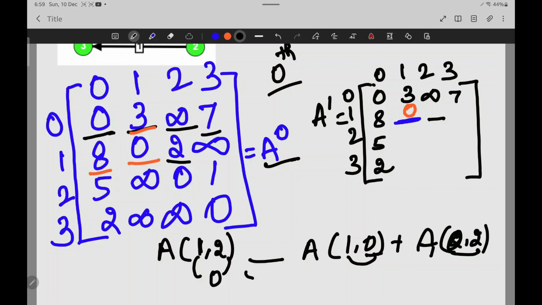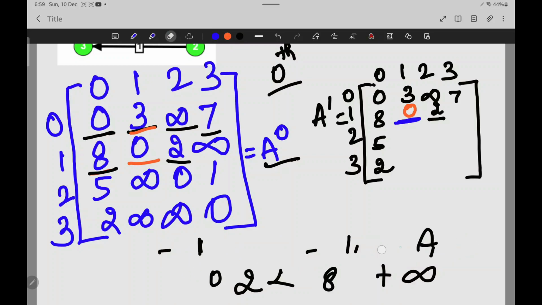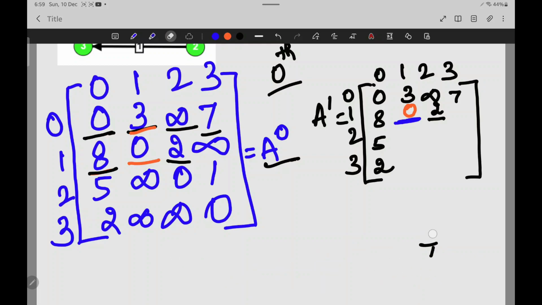What is the value of 1, 2? It is 2. We need to check whether 2 is less than or greater than this. 1, 0 is 8, so definitely 2 is the minimum value. The other one is infinity. So we write the same value and we are not taking any new value for this. We keep the old value itself, because that is the minimum value.